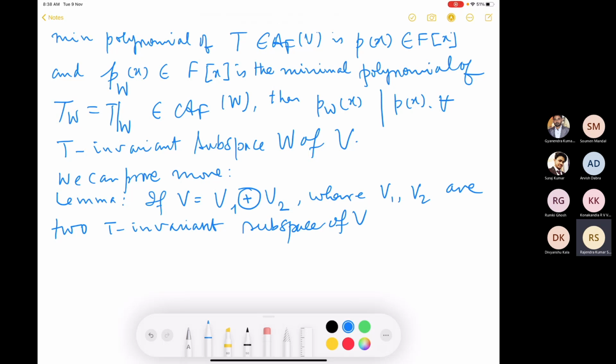and T1, T2 are the restrictions, T1 is the restriction of T on V1, T2 is the restriction of T on V2.